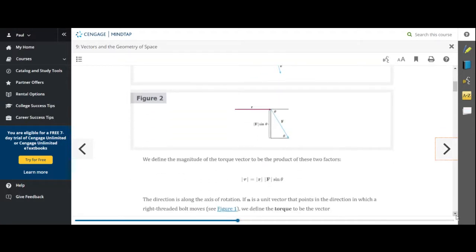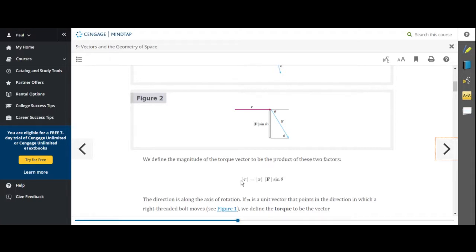The angle theta is shown in the picture in figure 2, but the component of the force that's producing the torque would be the magnitude of your force times the sine of theta, because the component of the force that's perpendicular to the wrench is what's causing the wrench to turn, and it's producing torque.